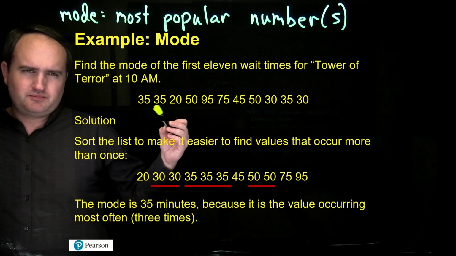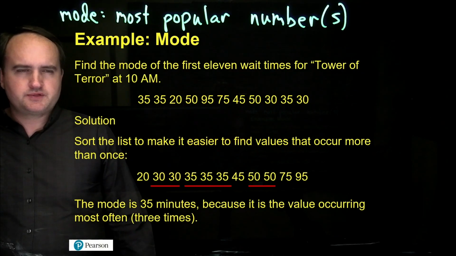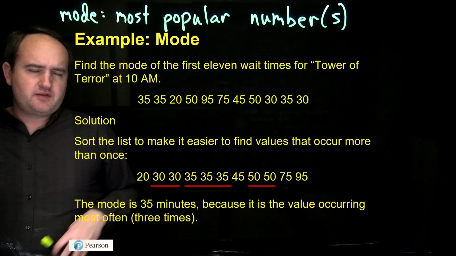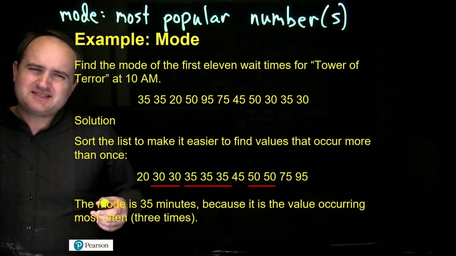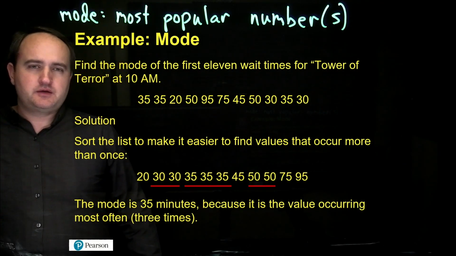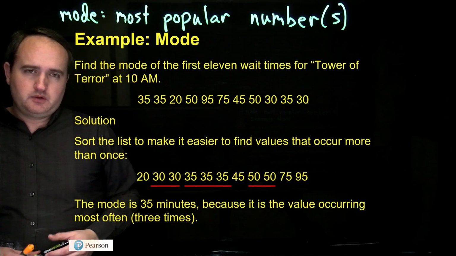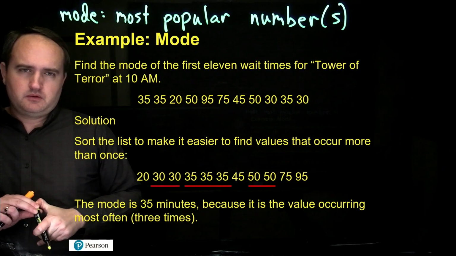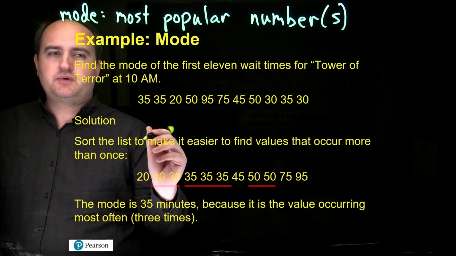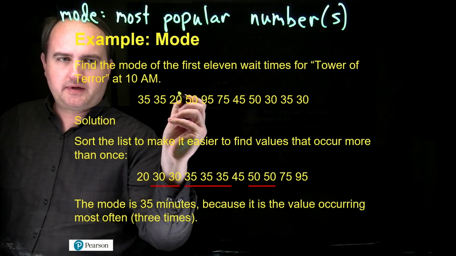They're just some different wait times than the ones that we looked at. Okay, so how do you find the mode? To make it easy, I do recommend that you sort the data values in increasing order or ascending order. So you would just go through the same process that we did before. I'm not going to go through it all over again.